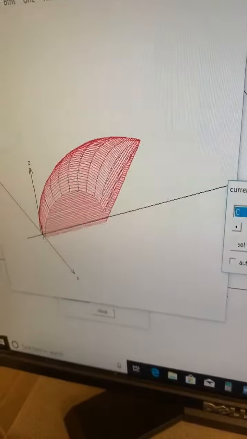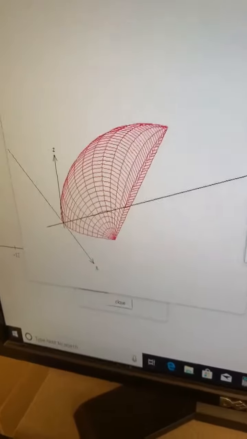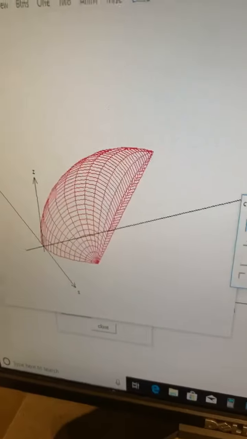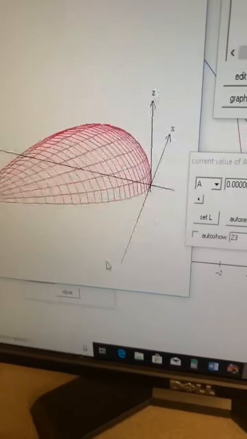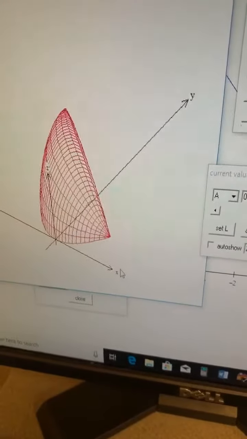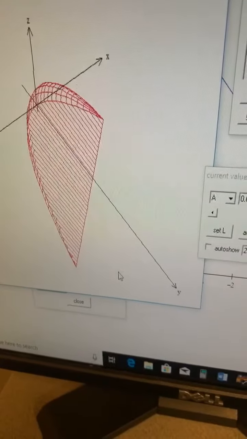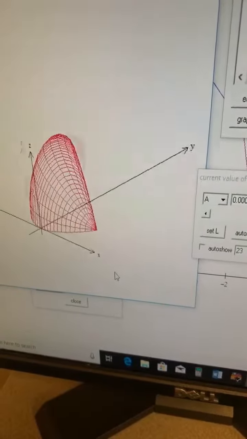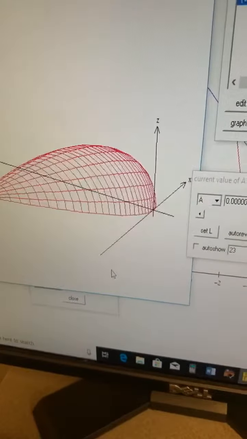And all the way to the end. Boom. And that's what it looks like using cross sections of a semicircle. This is what it looks like. So I'm going to rotate all the way around it so you can see it. Top, bottom, front, back, semicircles.